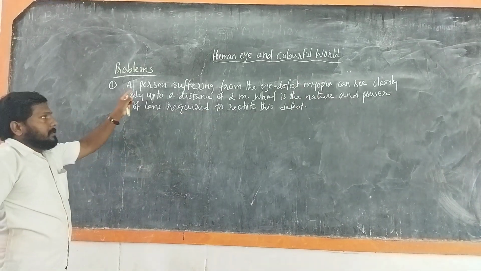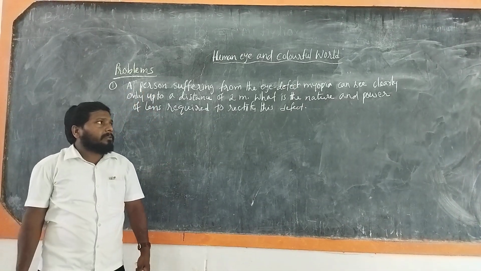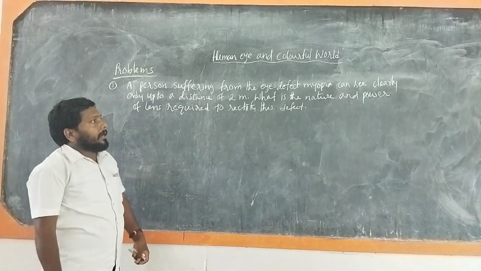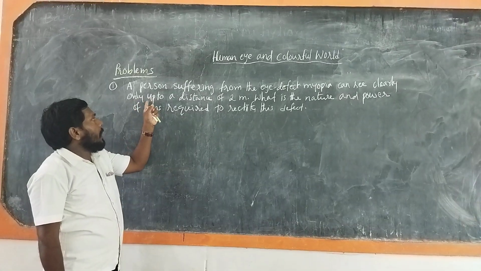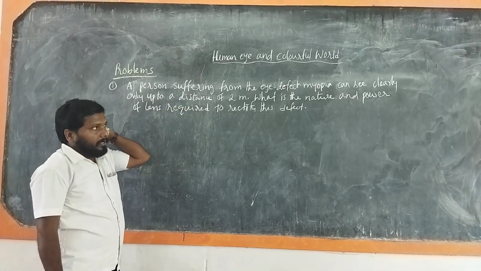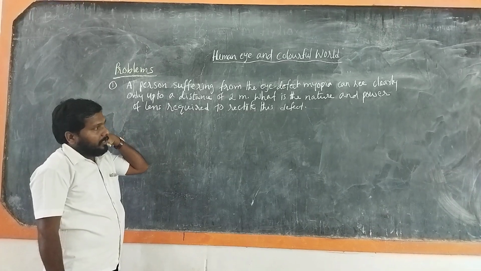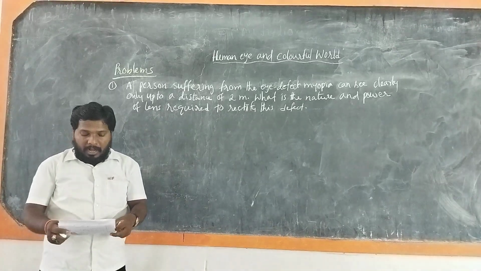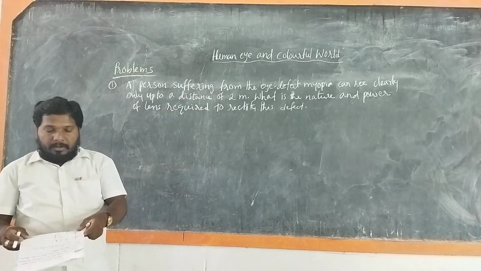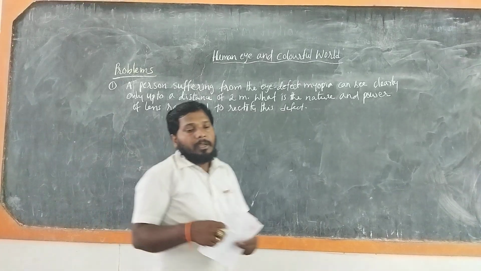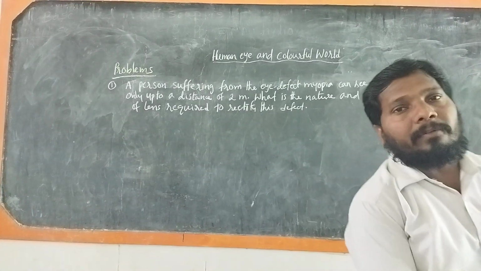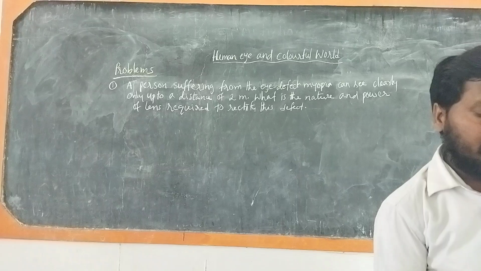A person suffering from the eye defect, myopia, can see clearly objects up to a distance of 2 meters. What is the nature and power of lens? So in this way the problems are given in examination.